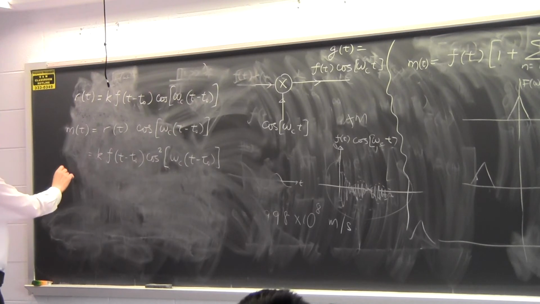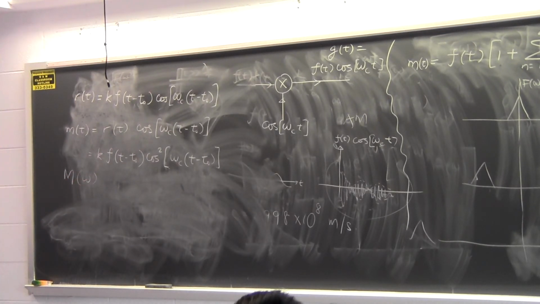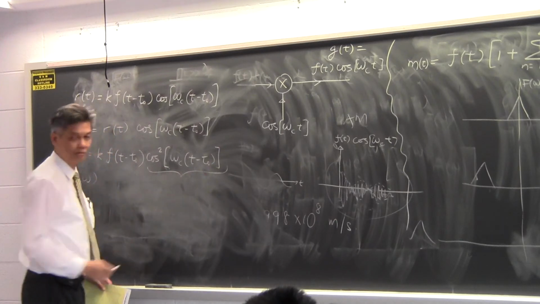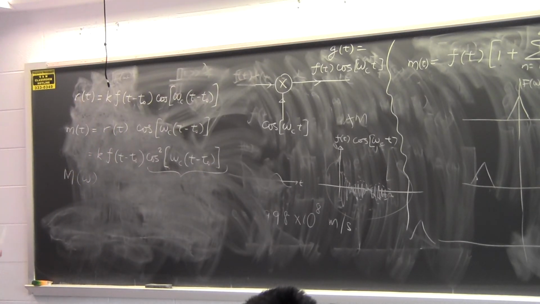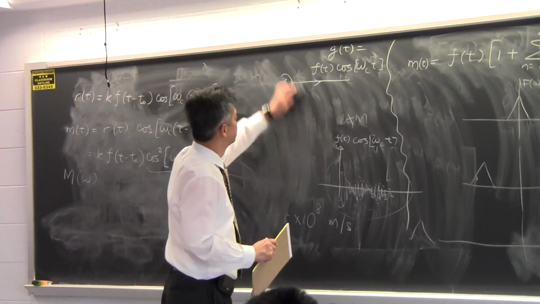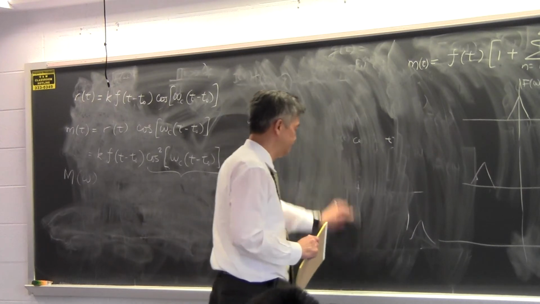So what is the Fourier transform of this? How you do this is to try to express this into products of exponentials. You can do it a number of ways using trigonometric identities.